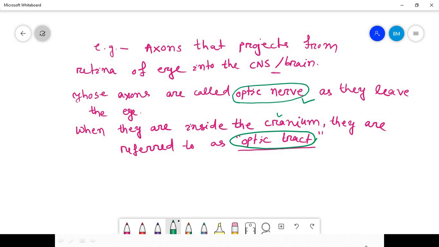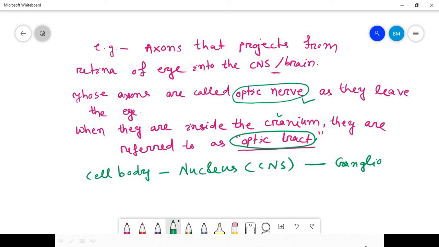And for your reference, the cell body is known as nucleus when it is in the CNS, and it is known as ganglion when present in the PNS. According to the location, the name changes.